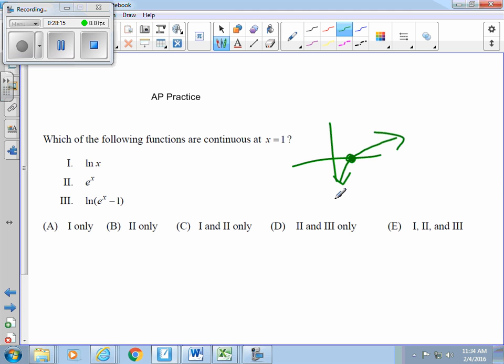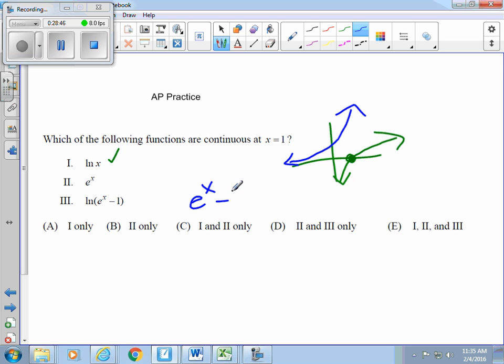So is a logarithm continuous at 1? Where is a logarithm not continuous? Negative numbers or 0, right? But we've got issues at 0 and negative numbers. We are fine at 1. E to the x, we're fine. E to the x is continuous everywhere. It's not one of the 3 problems, right? Logarithms could be problems, right?